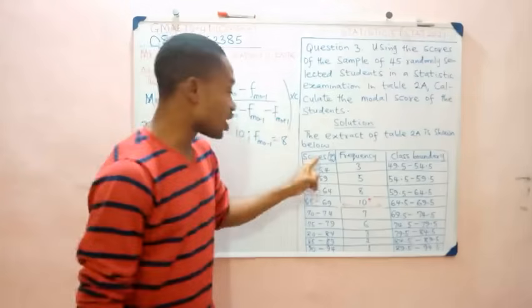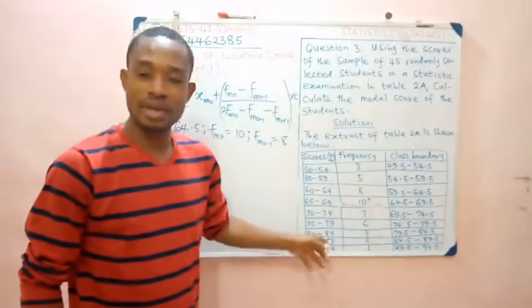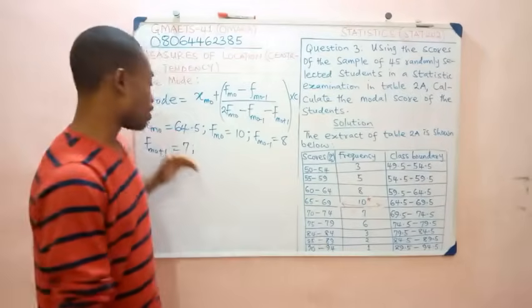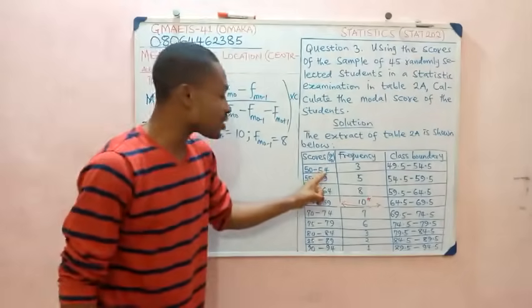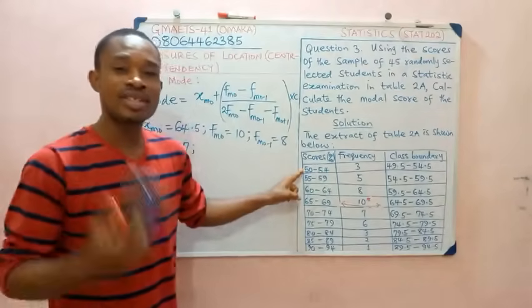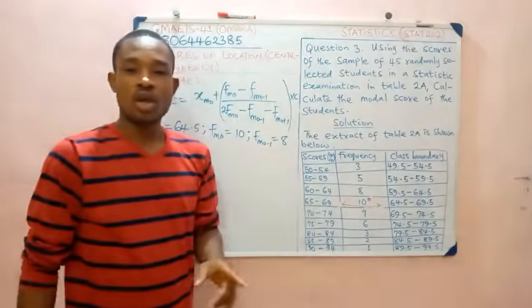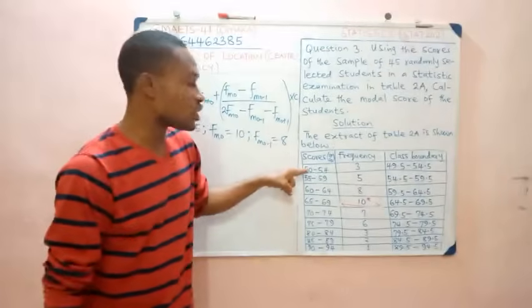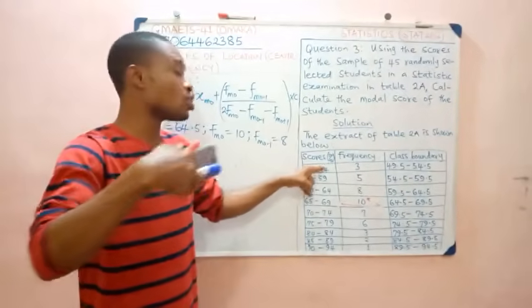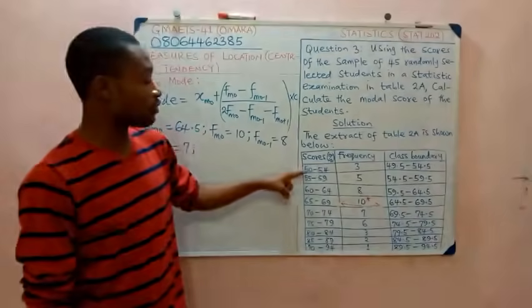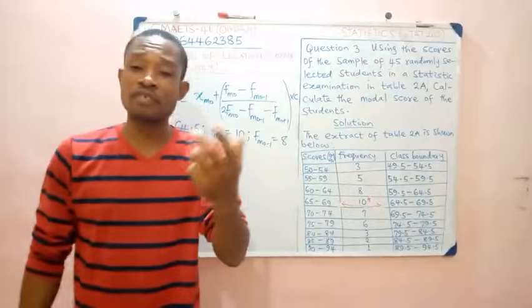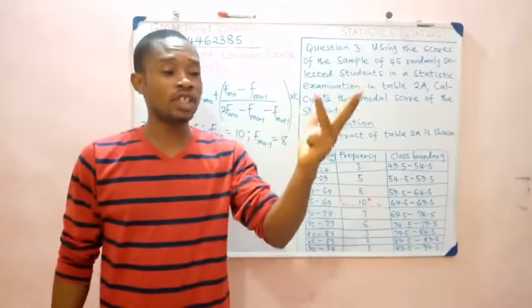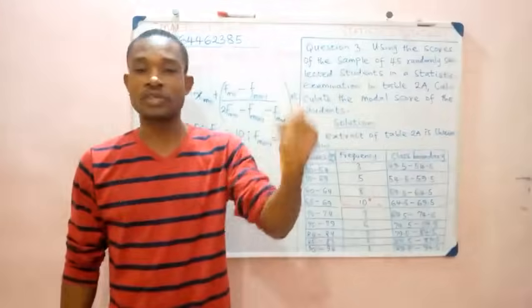I'm now saying if you're using class limits to obtain your class width, it is upper class limit minus lower class limit plus 1. Or you can go by counting straight from the lower class limit to the upper class limit.